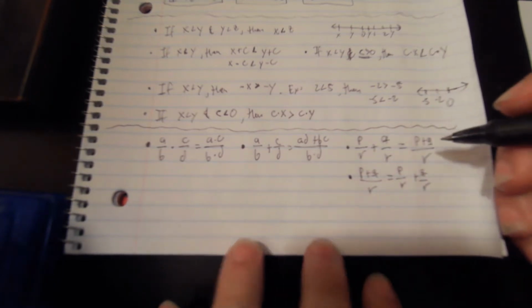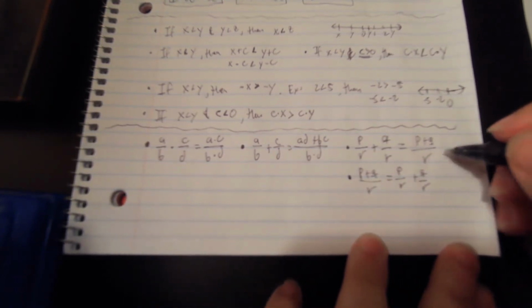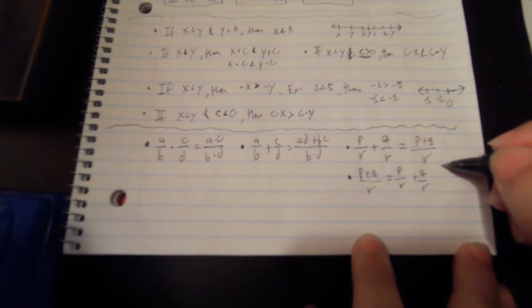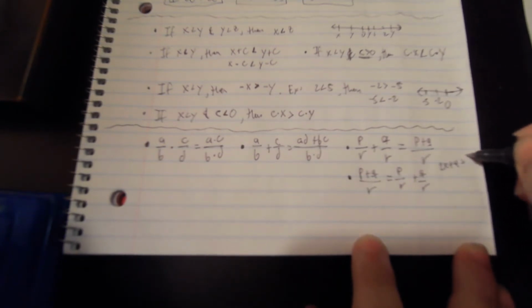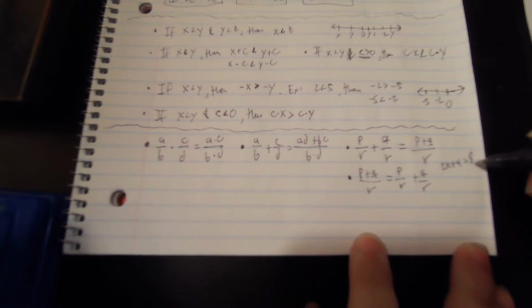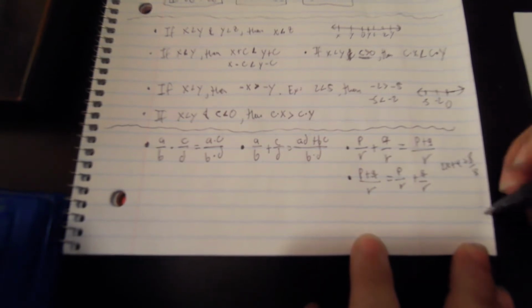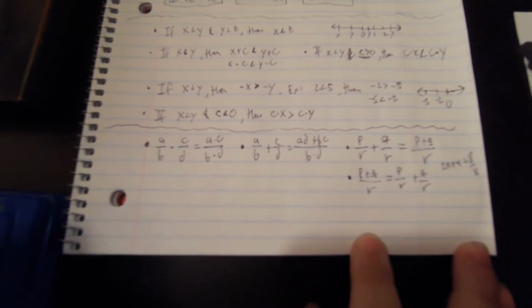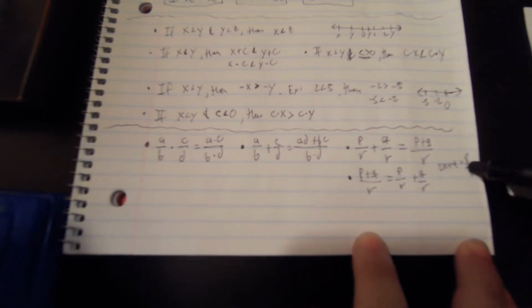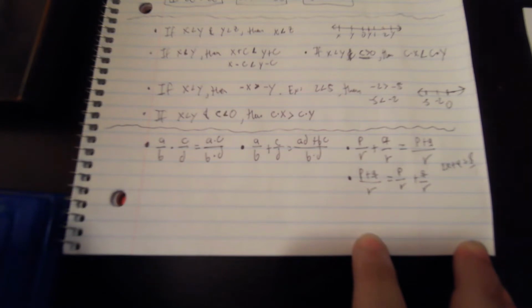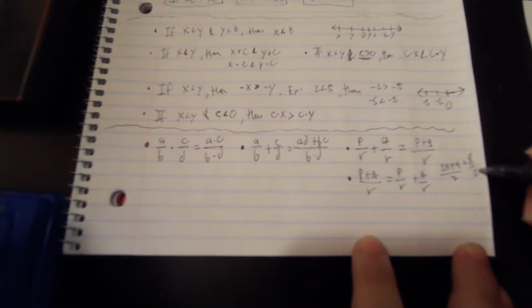The reason I point this out is that maybe you're doing an algebra class where you have 2x plus 4 equals 8, and you want to divide by 2, because 2 goes into 2, 4, and 8. So you have to divide 8 by 2, but then you also have to divide this whole thing by 2.